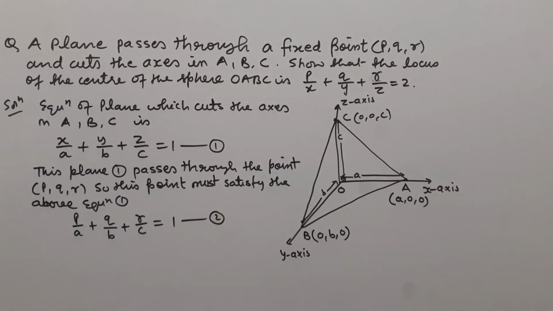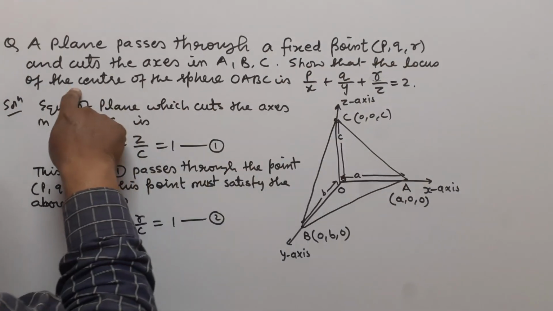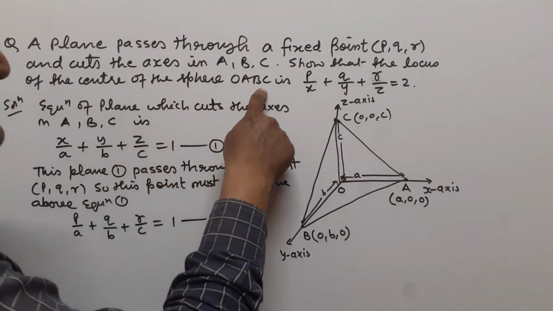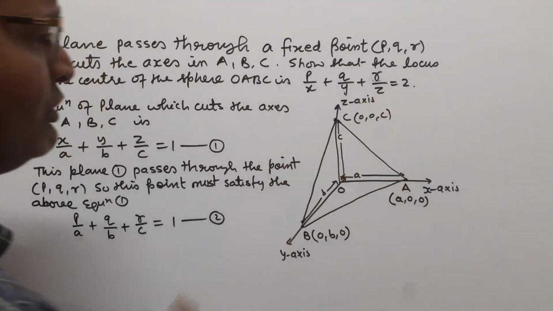Now in this question we have to show that the locus of the center of the sphere OABC is P upon x plus Q upon y plus R upon z is equal to 2.